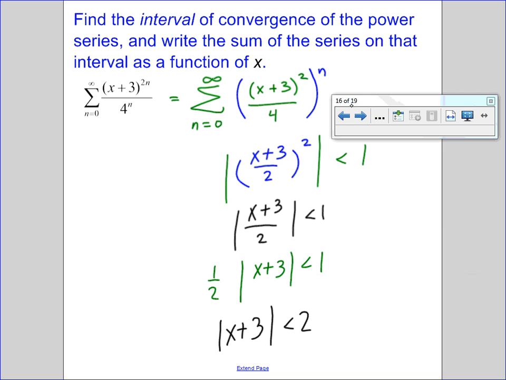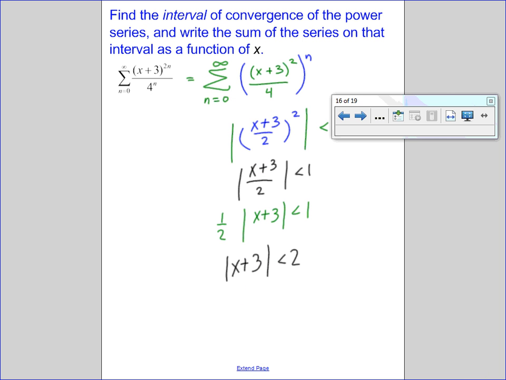So it looks like my radius of convergence in this case is 2. And the interval of convergence is what? When you break it up, this becomes negative 2 is less than x plus 3 is less than 2. Subtracting 3 from all three parts produces negative 5 is less than x is less than negative 1. And we see that our radius of convergence is 2. Okay, so that's the interval.